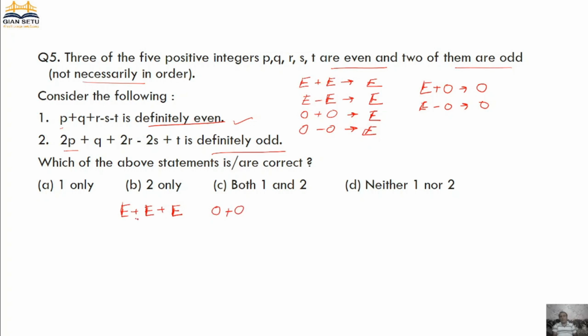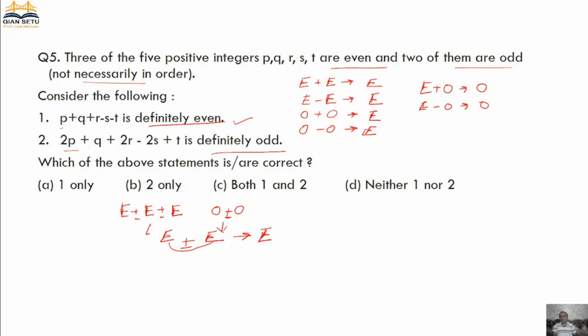The plus or minus sign can be any. Now the result of these even numbers will be an even number, and the result of these odd numbers will be an even number. Further, if we add or subtract these two even numbers, the result will always be an even number. So this statement 1 is always correct.